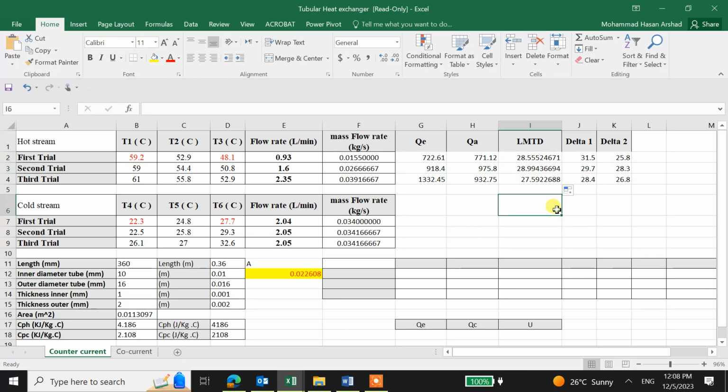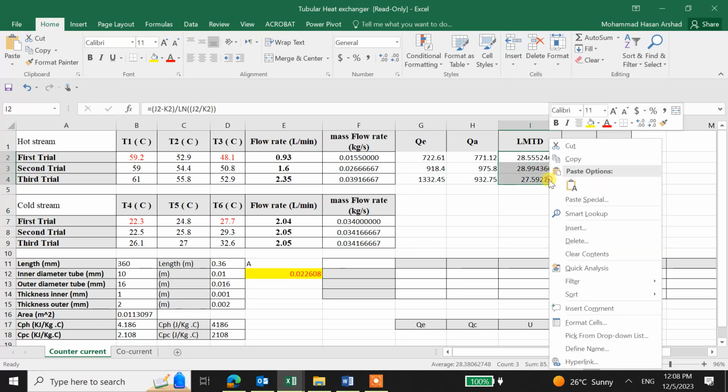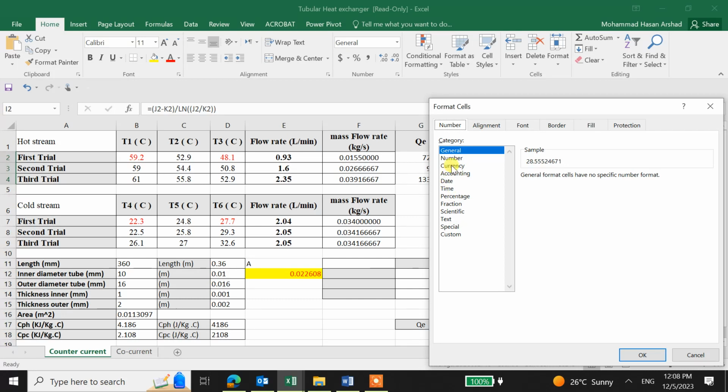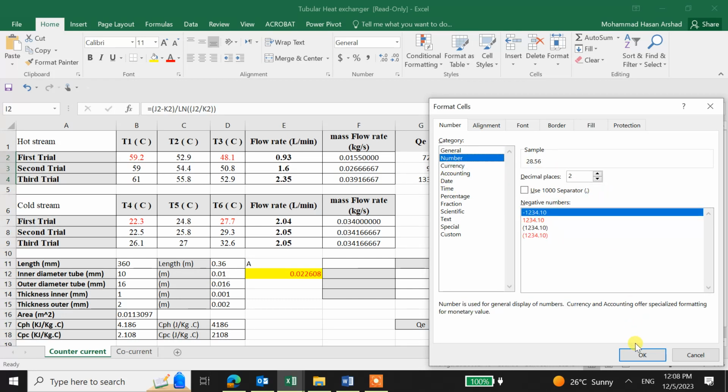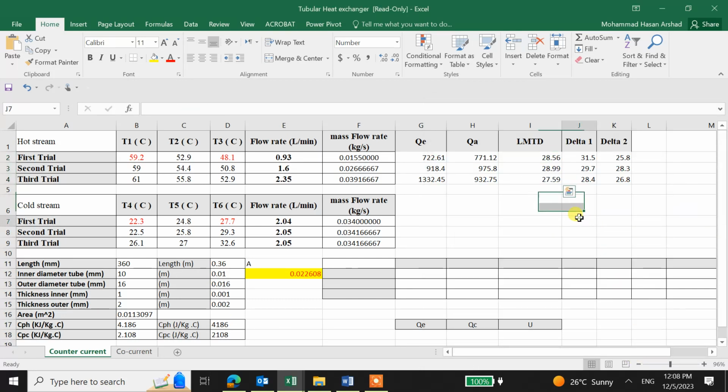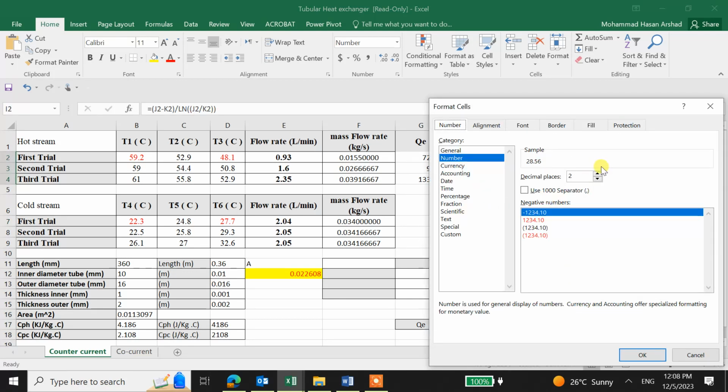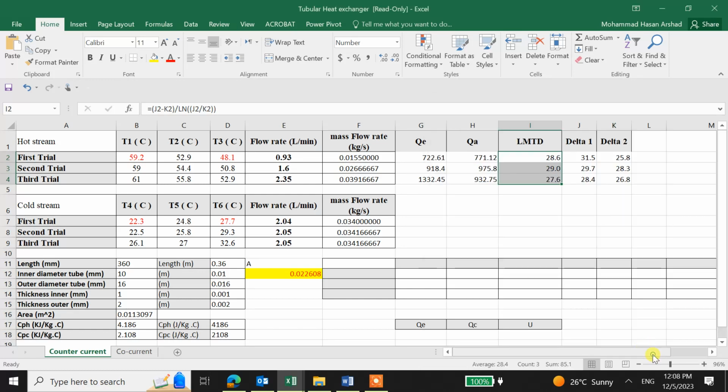Now you can see I need to report in up to significant digits. Up to 2 is okay, even up to 1 is fine. So this is LMTD, and area we know.